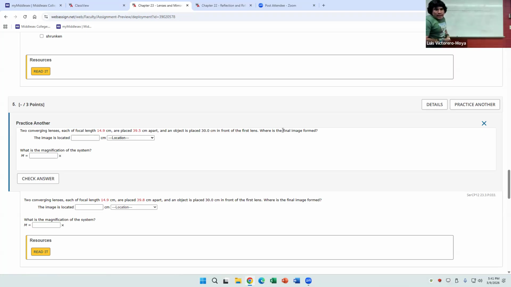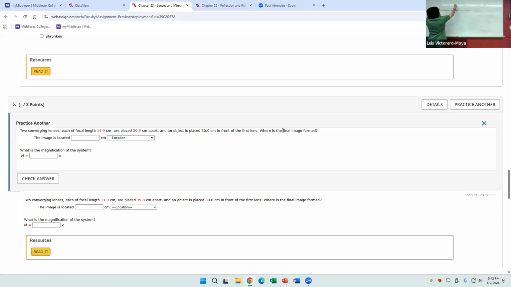So you have one lens with, you know what? Let's round those numbers. I don't want to deal with these decimals. Let's make it 15 and 40. I don't know why CENGAGE likes to do that. So let's put an object, and let's make the first lens 30 centimeters away.